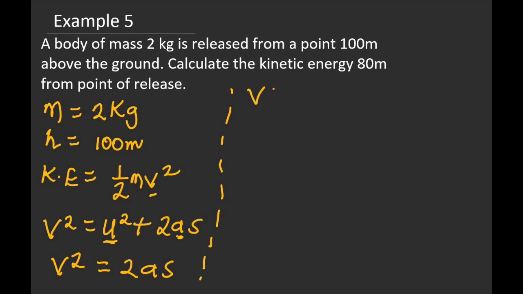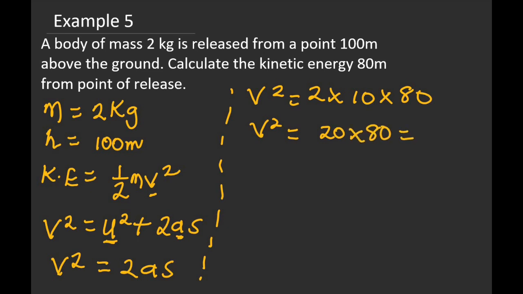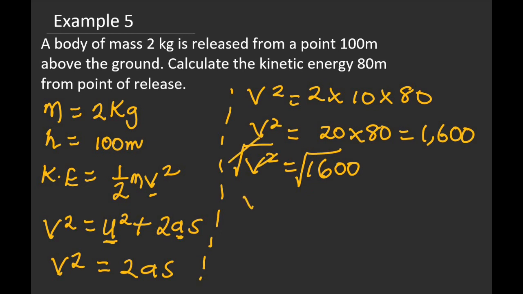v squared equal to 2 times acceleration due to gravity in this case, which is 10, and the distance is 80. v squared equals 2 times 10, 20, and 20 times 80 equals 1600. Since v squared equals 1600, to get v, I need to take the square root of both sides. The square cancels the square root. So v equals the square root of 1600, which gives me 40 meters per second.